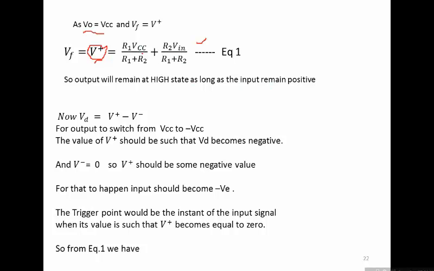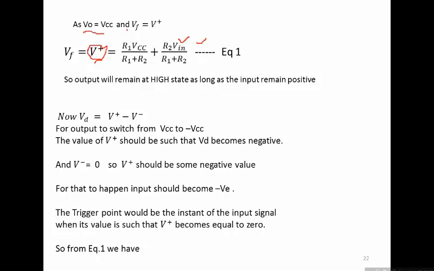So from this equation, if the input signal applied is a positive number, all the other factors are positive: this VCC is positive, and resistors are of absolute values, they have no polarity, so this V plus would always be a positive value.